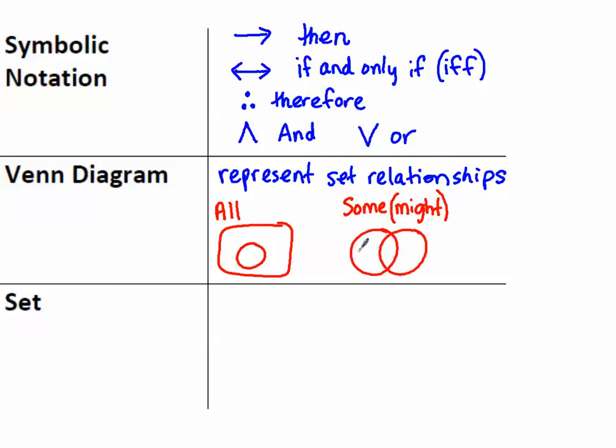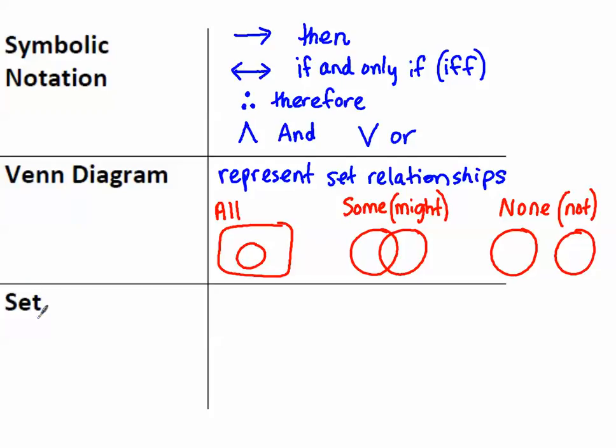Some people play tennis, some people play soccer, some people play both. I might play tennis, I might play soccer, I might play both. Then we have none or not or no, some sort of negative where the two circles don't intersect. Nobody that likes the Redskins also likes the Dallas Cowboys.